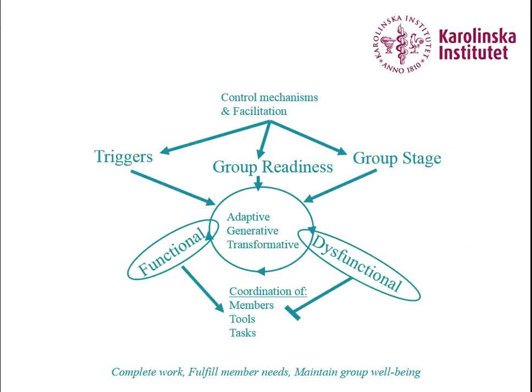So this is the model by London and Sessa. It's a bit complex, it's a bit busy, but this can be parsed into the 3Ps. This first portion here is the presage.